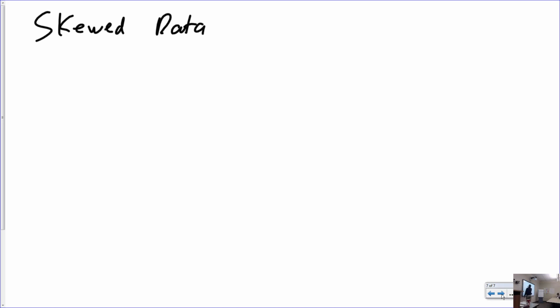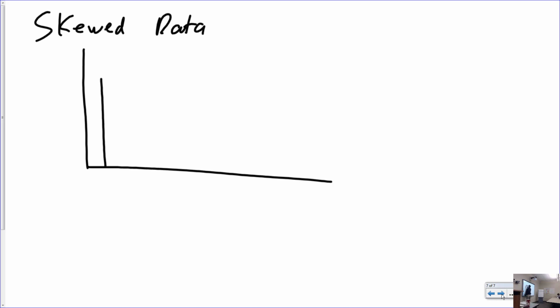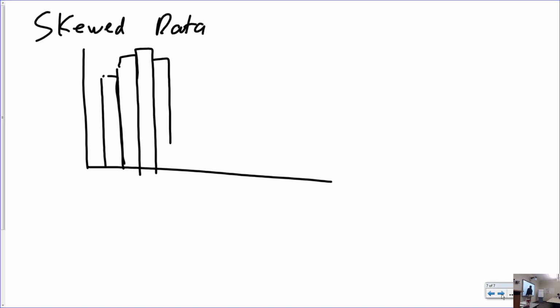And the idea behind skewed data is that when you look at the graph of the frequency, again folks, all of this is based on frequency. So the idea is that all of the frequency is bundled on one side of the graph, okay?